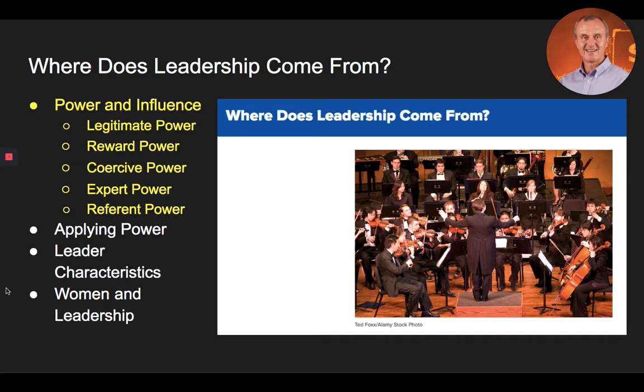Finally, the 5th source of power is what is referred to as referent power. Referent power refers to the ability to influence others because of affection, admiration, or loyalty. People with referent power influence others because others identify with them and what they are trying to accomplish.